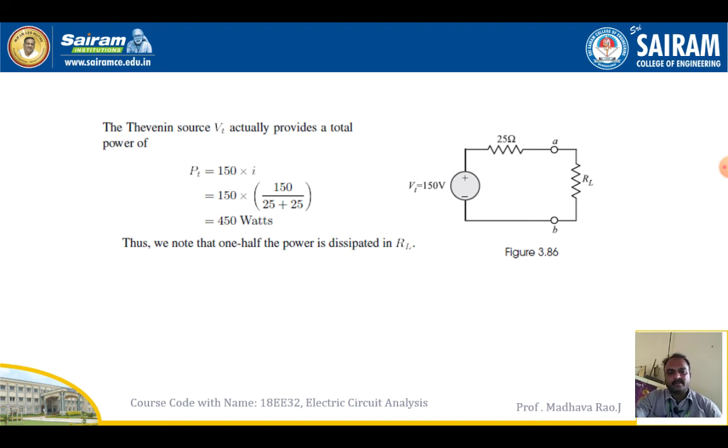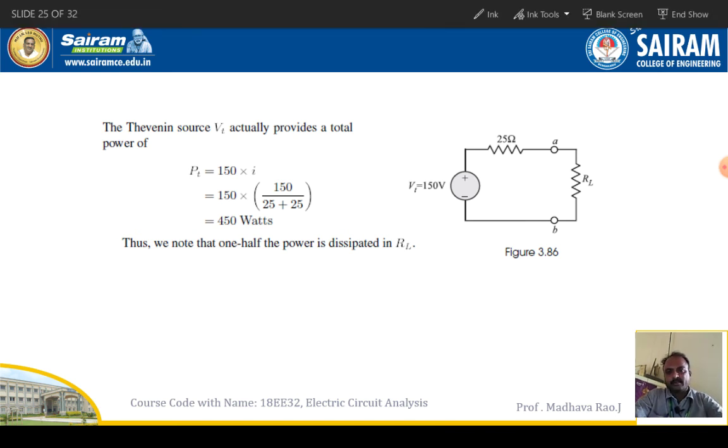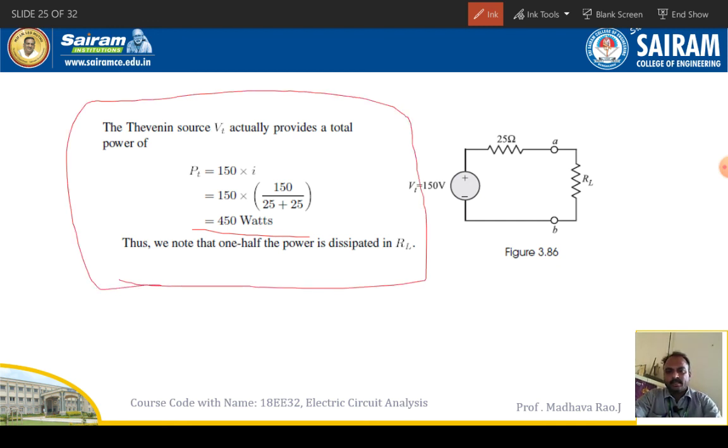So 150 volts is the source. 150 into 3 is equal to 450 watts. So this is the total power delivered from the source. The source voltage V is equal to 150 volts.